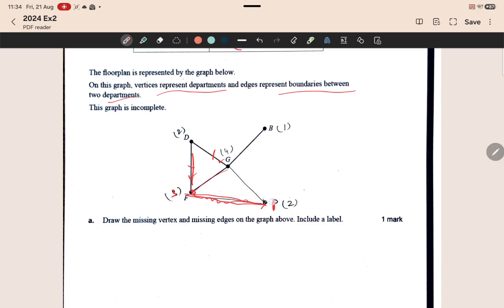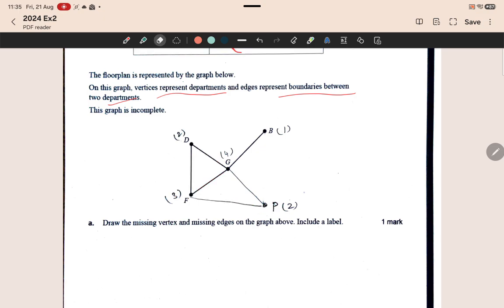So currently she's standing at P. If you just go along and you have to visit every location once only, you could either go this way, that way.